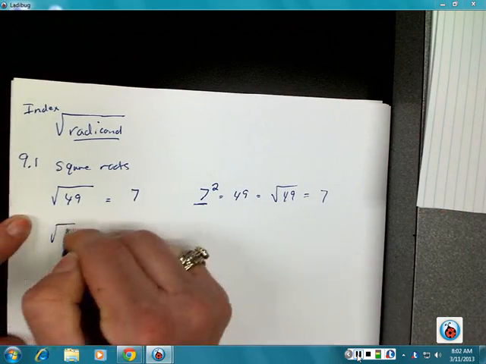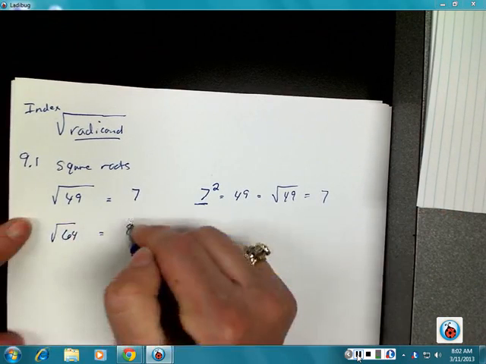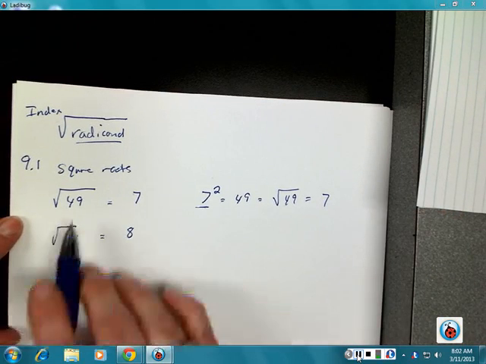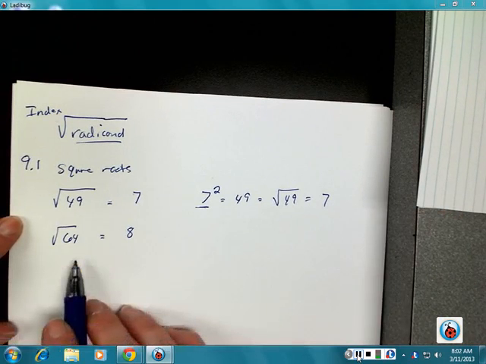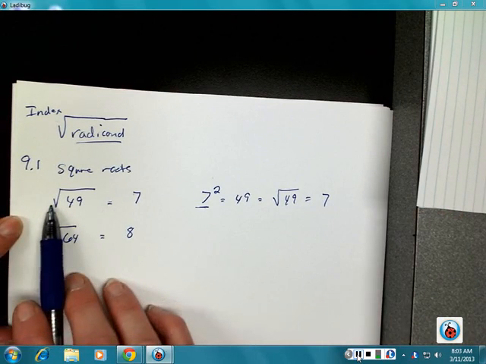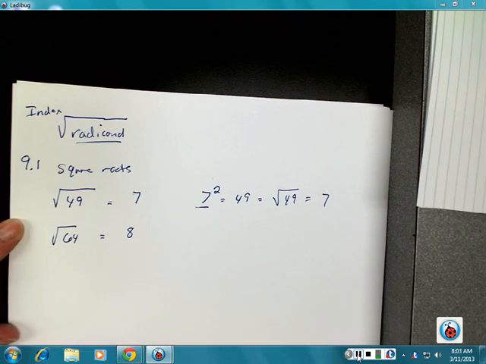So what about the square root of 64? What will it be? 8. You should probably know the common square roots. They tell you to know your square roots up to 12. So if you get the square root of 144 and you know it, you can come up with your values.